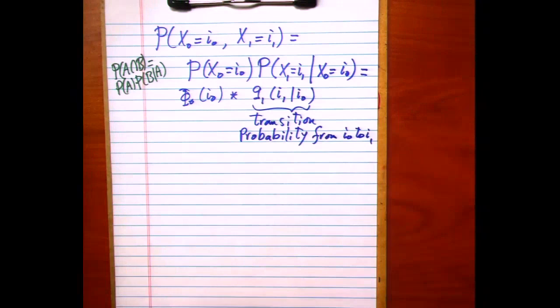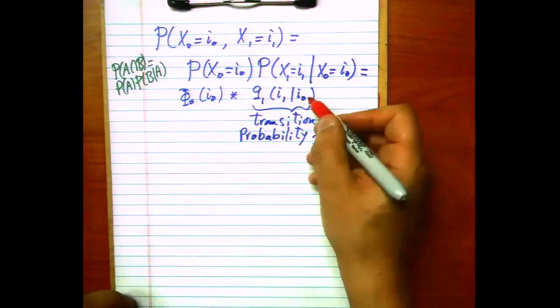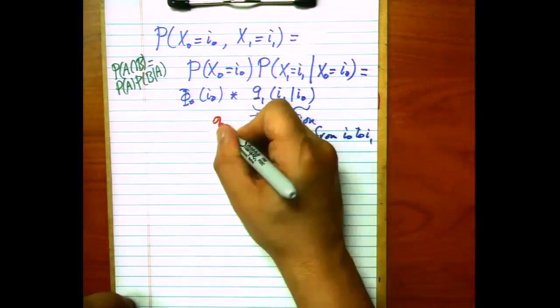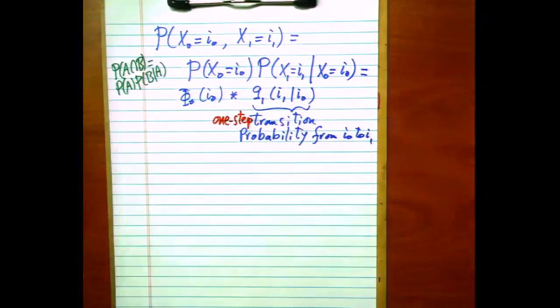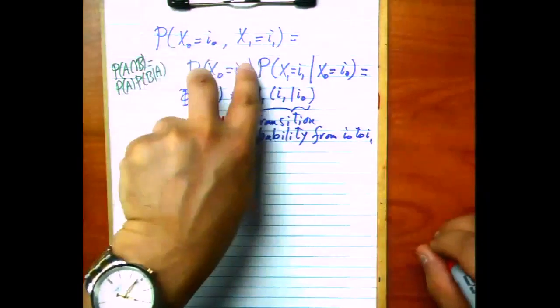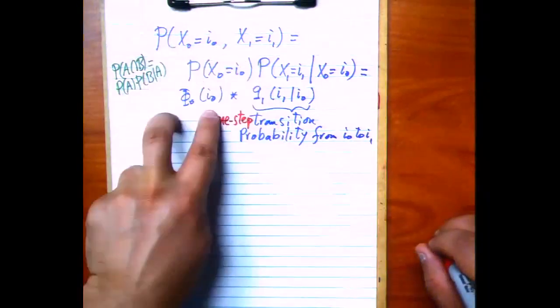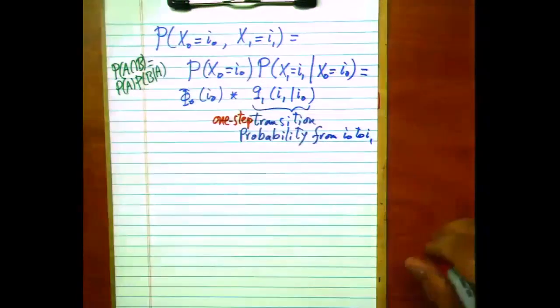It took one step to jump from I0 to I1. So we can write this joint probability distribution as the initial distribution times the transition probability from I0 to I1. Okay, clear?